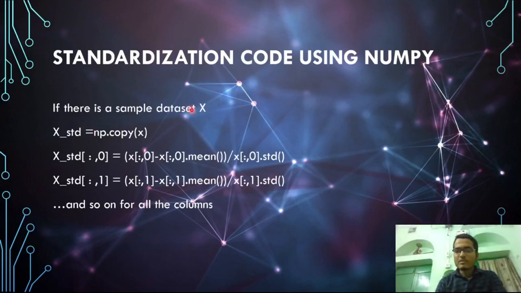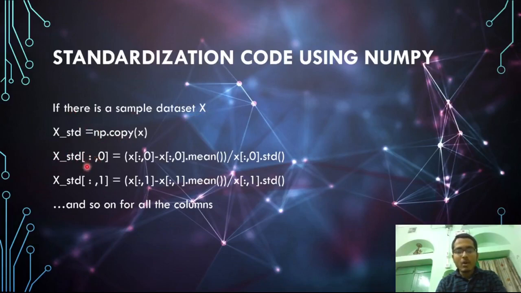So you just know now that X is a dataset. Now we define a class matrix np.copy(X). We are copying it into another matrix. Now we are selecting the matrix of this. I told you the comma: left of the comma means rows.